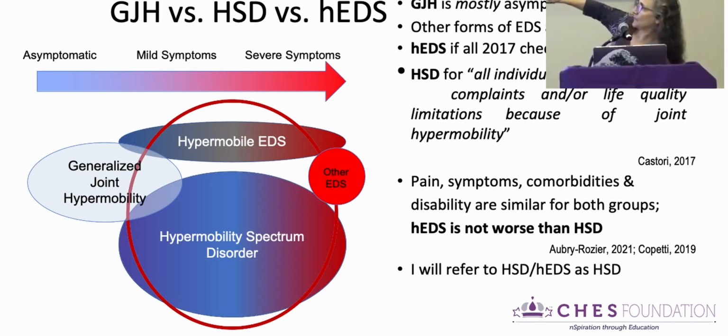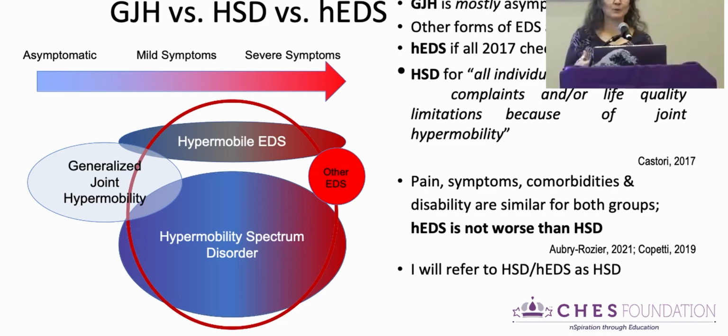At the right side of the spectrum, the most severe symptoms are the people who have the other types of Ehlers-Danlos, other than the hypermobile type. In between, we've got this hypermobile type. And in 2017, there was a diagnostic checklist created, which I'll show you in a moment, for hypermobile EDS. And that can cover a spectrum of mild to more severe.